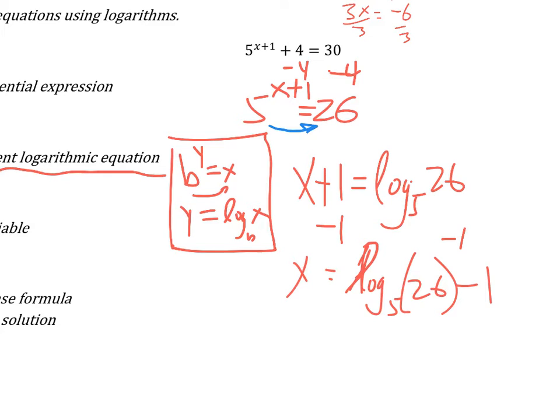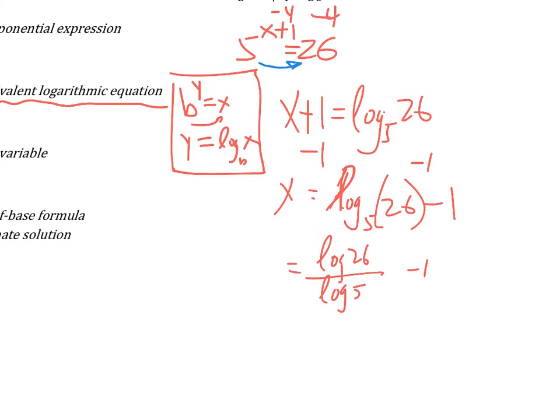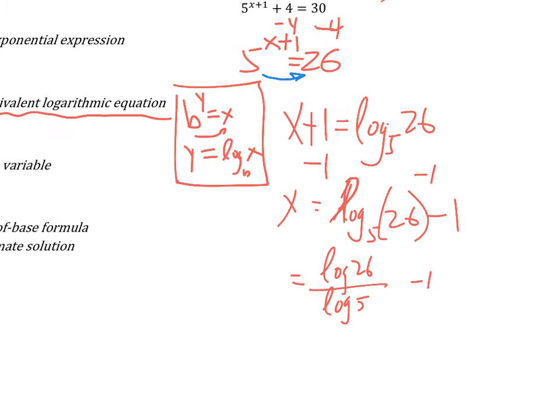If we want an approximate answer, we can take log of 26 and divide it by log of 5, and then subtract 1. This will give us a decimal answer. Again, the earlier form is exact because it's written without rounding decimals.